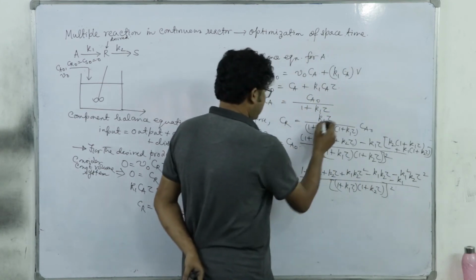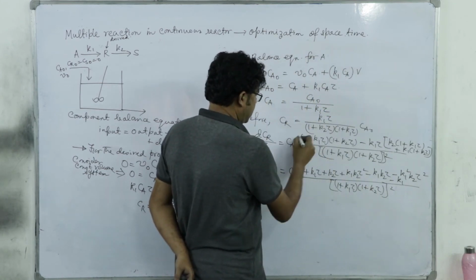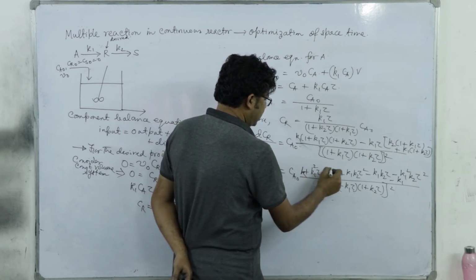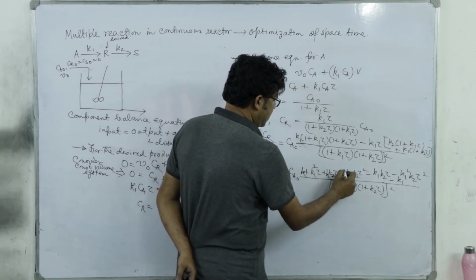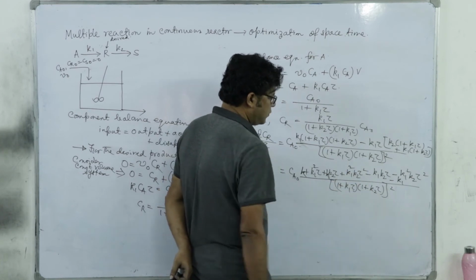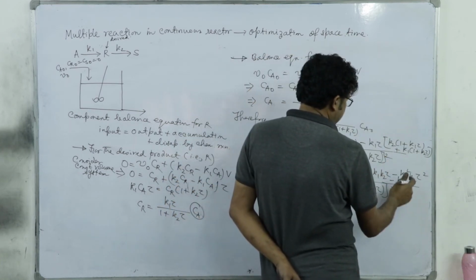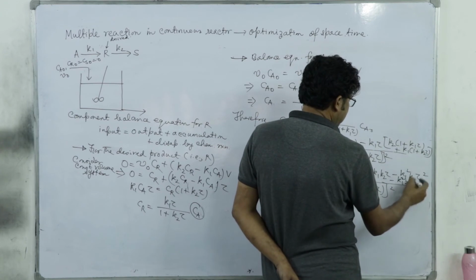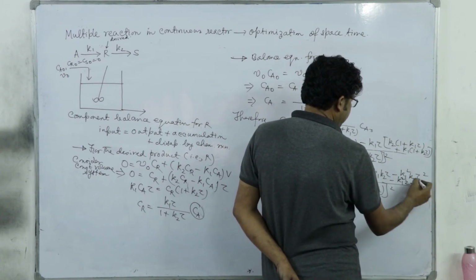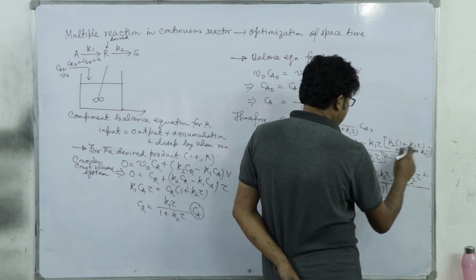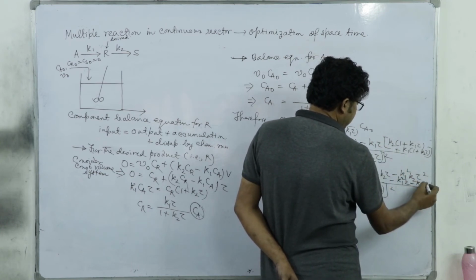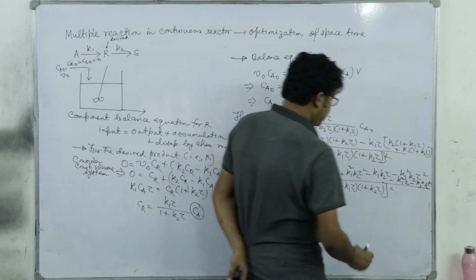Here I think it will be K1, right. So it is K1 square tau, K1 K2 tau, and K1 square K2 tau square.